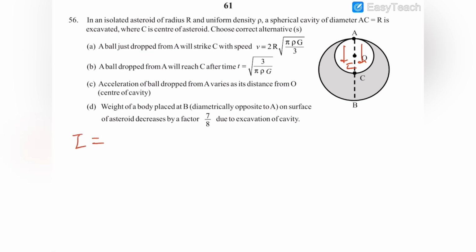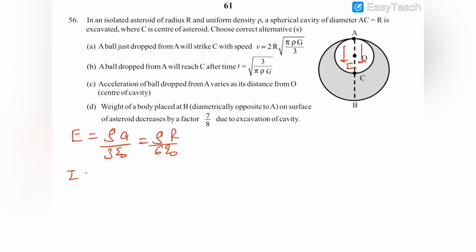This gravitational field can be easily derived by using the analogy of electrostatics, that the electric field inside the cavity was rho a by 3 epsilon naught, where a was the distance between the centers of the sphere and the cavity. So this is rho, and this distance is equal to r by 2. So this is rho r by 6 epsilon naught.